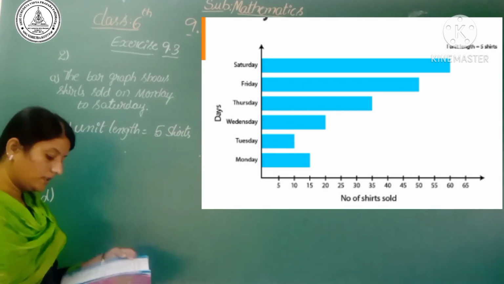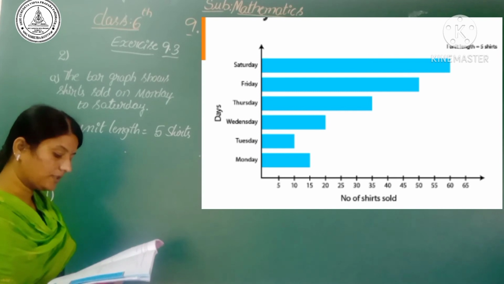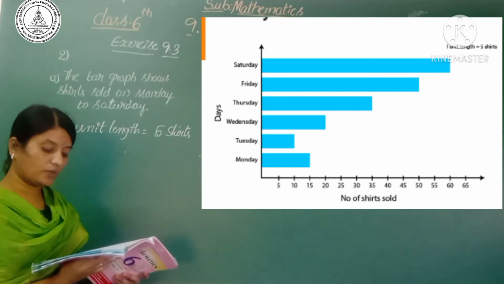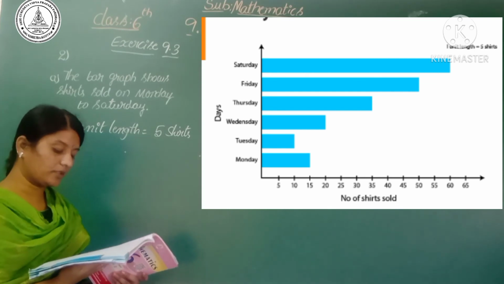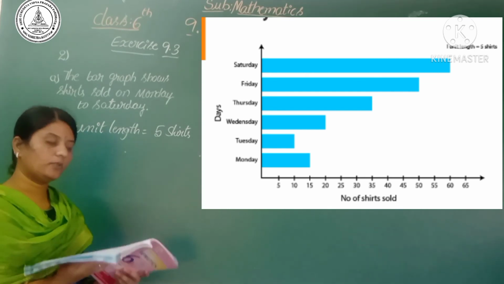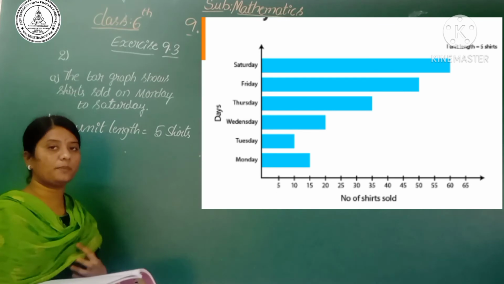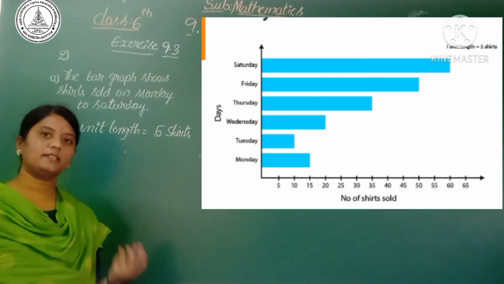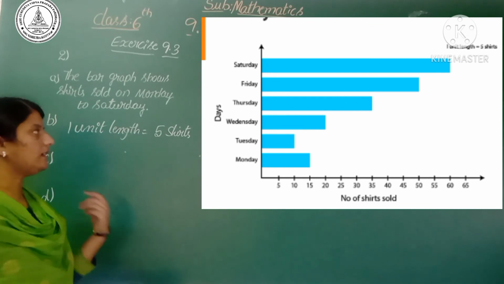Right? Yes. The third question is, on which day were the maximum number of shirts sold and how many shirts were sold on the day? So we can see that the maximum number of shirts were sold on Saturday, that is how much? That is 60 shirts, right? It's right here.